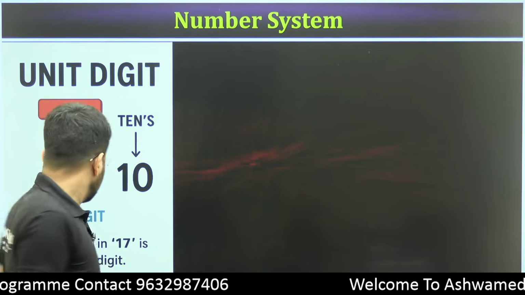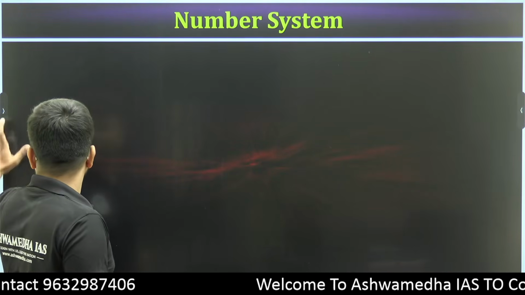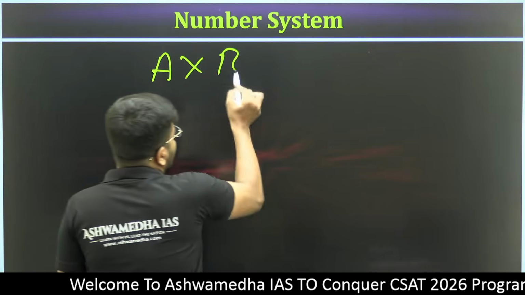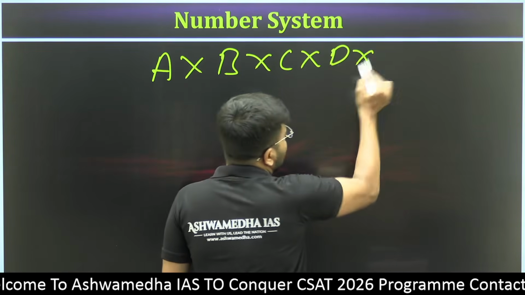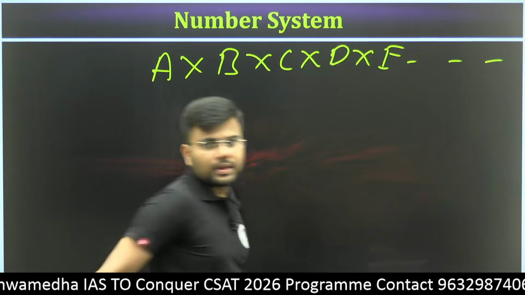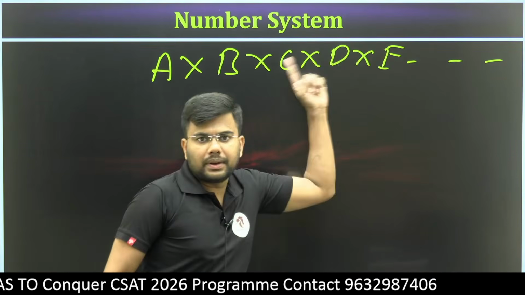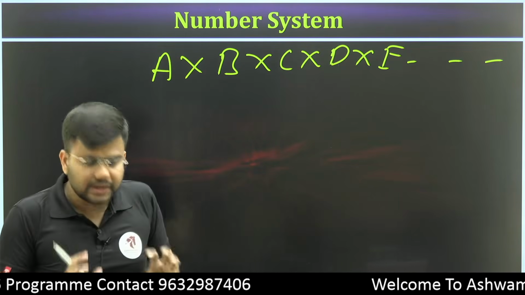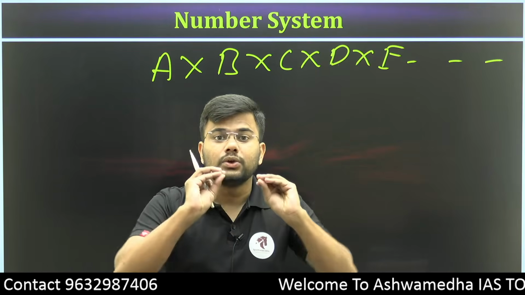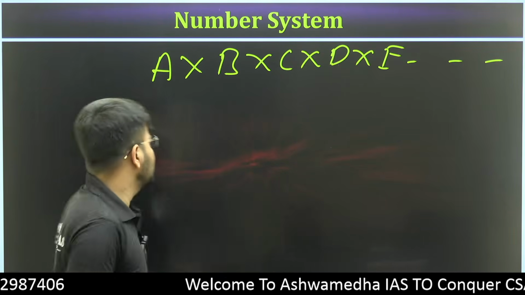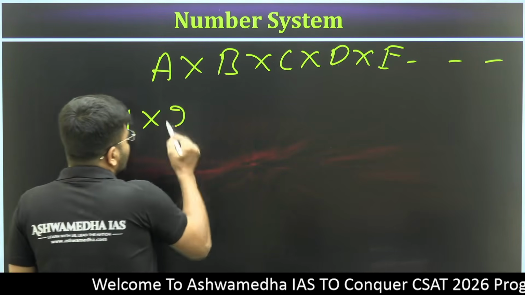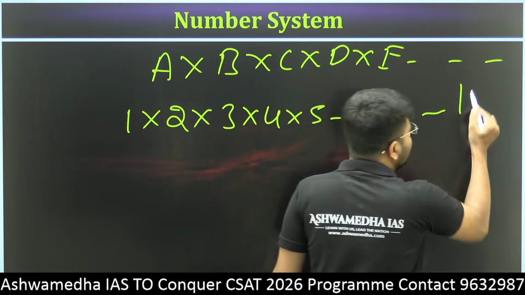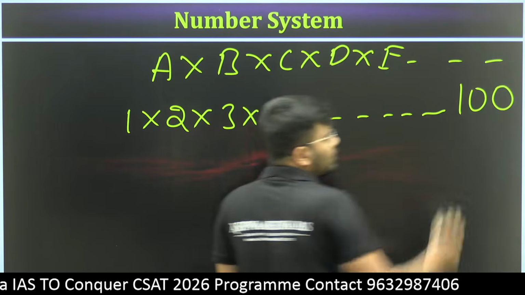Okay, fine. Before going to the questions, let's understand a few themes. Now if you get a number that is A into B into C into D and so on and so forth up to whatever the number is, if you multiply the digits in the unit place, you will get the unit digit of that product. But there are certain conditions where, as soon as you see the question, you can easily find out the answer. Look here, 1 into 2 into 3 into 4 into 5, and so on up to 10, or up to 100 if you take.